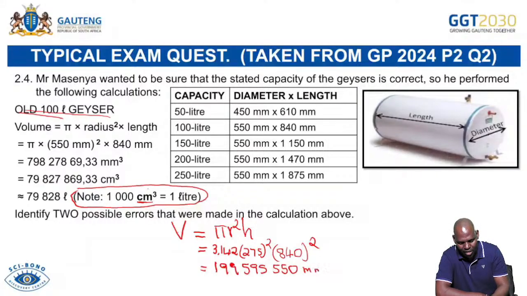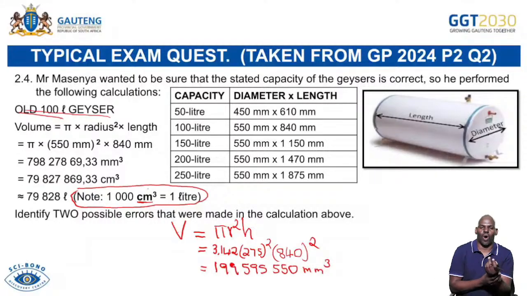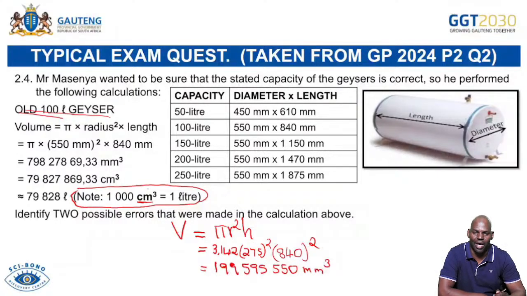Remember, this will be in millimeter cubed. Why is it in millimeter cubed? Because the radius and the height are in millimeters. Okay, so it's 199,595,550 millimeter cubed.